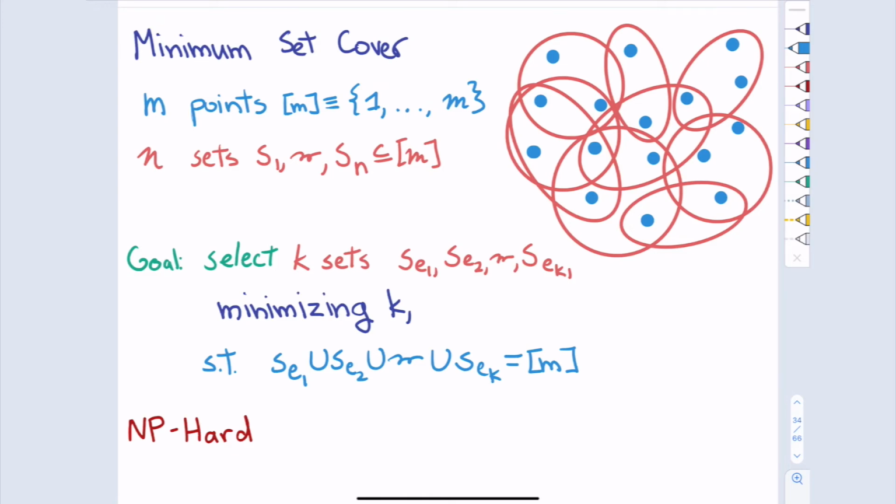And I want to choose the smallest number of sets that covers all the points. This just comes up all the time in resource allocation type scenarios, but here it's just abstracted to its mathematical bare ingredients. Any questions about the problem? Fair enough, it's NP-hard, one of those original NP-hard problems.